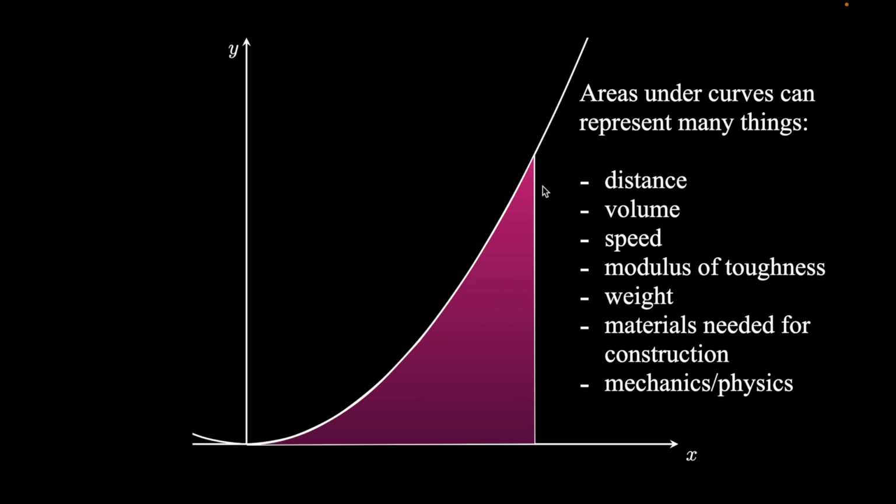If you graph acceleration, the area under the acceleration graph is speed. I was reading about something called the modulus of toughness. You can use integration to find the toughness of a material, which is how much energy it can absorb before it fractures. You can use integration to find weight, materials needed for construction, and it's used in many areas of mechanics and physics.